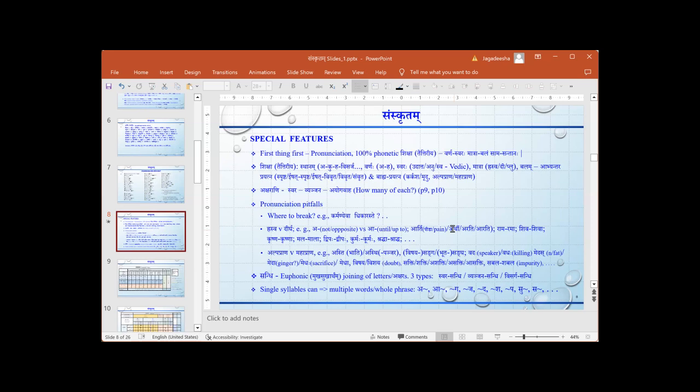Some more examples of similar sounding words, where either you mispronounce or misspell it when you are writing, either in English or even in Devanagari. See what kind of catastrophic meaning it gives.